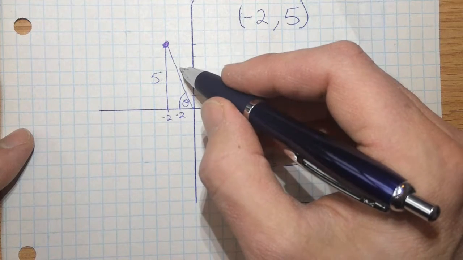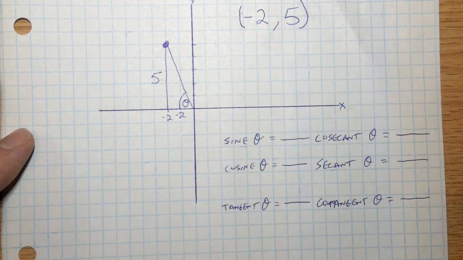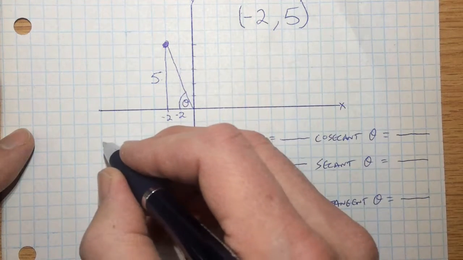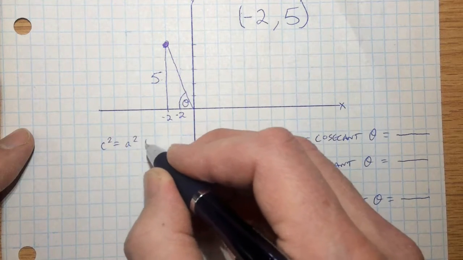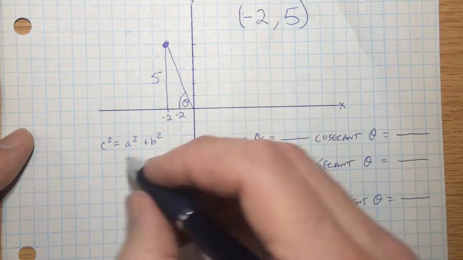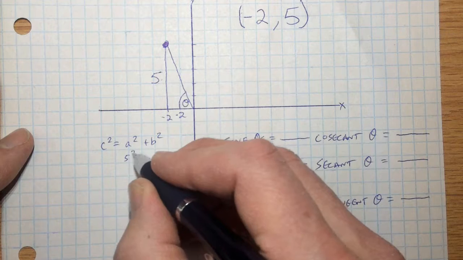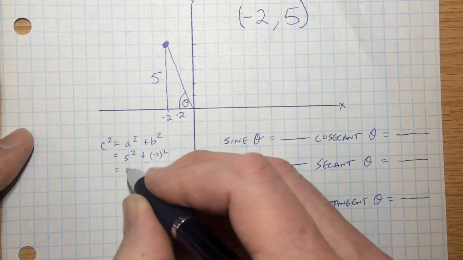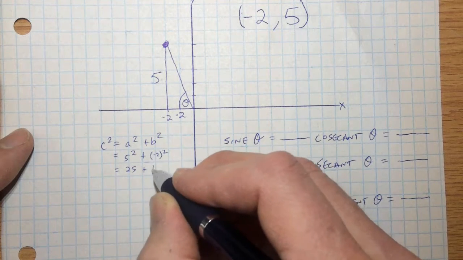And then the hypotenuse, we have to use the Pythagorean theorem to calculate. So the hypotenuse, which is right there, we know that's c squared, which is equal to a squared plus b squared according to the Pythagorean theorem. A and b are 5 and -2, so we have 5 squared plus (-2) squared. 5 squared is 25, (-2) squared is 4.